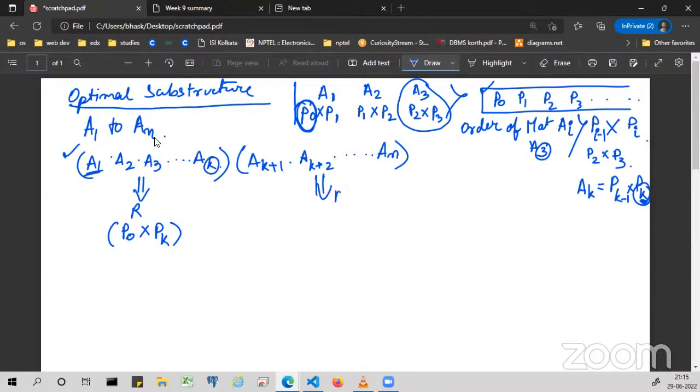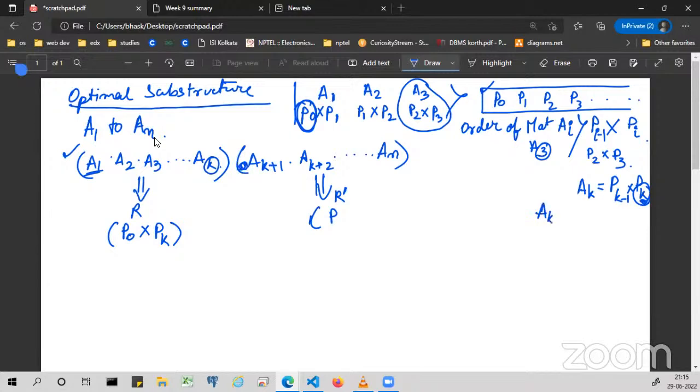What would be the dimension of this matrix, R dash? Here it's K plus 1. What would be the outer dimension? That is the number of rows of AK plus 1.